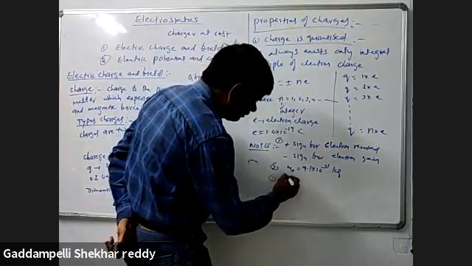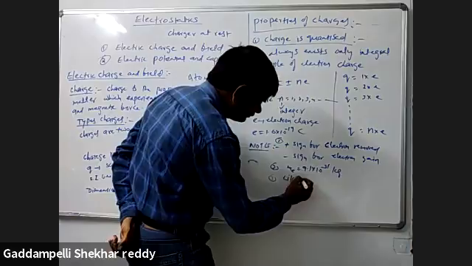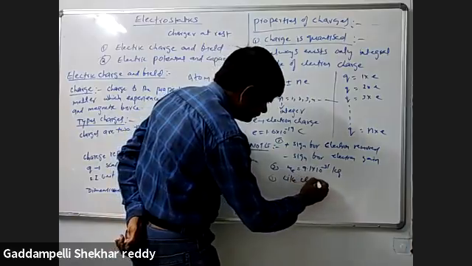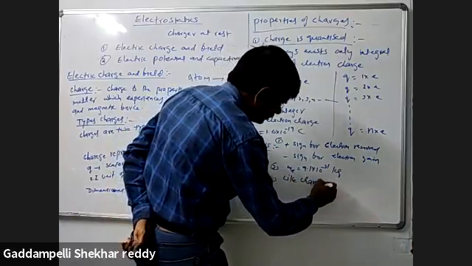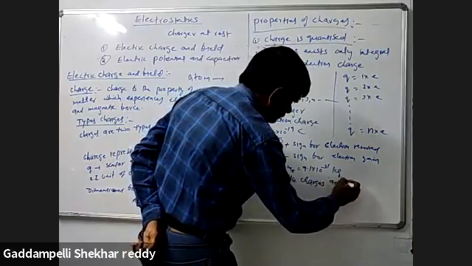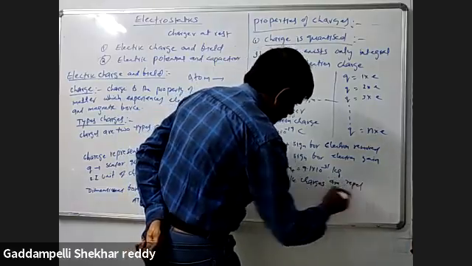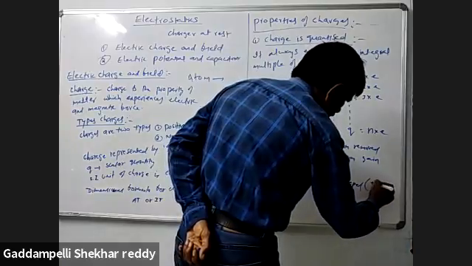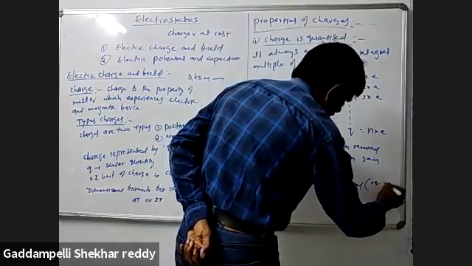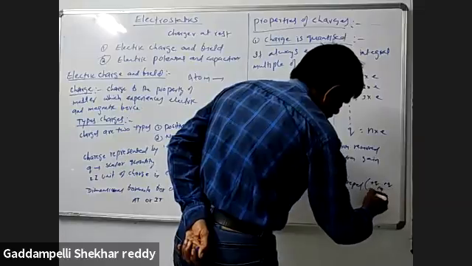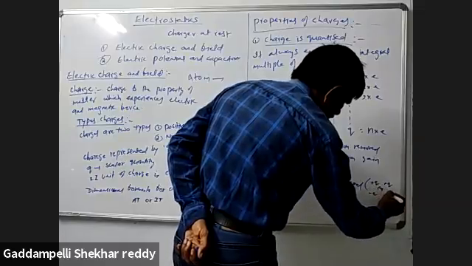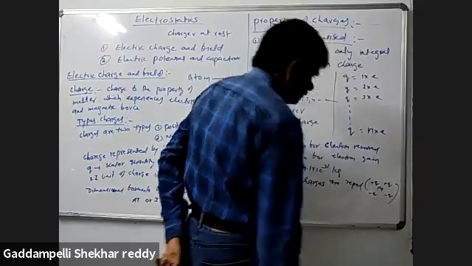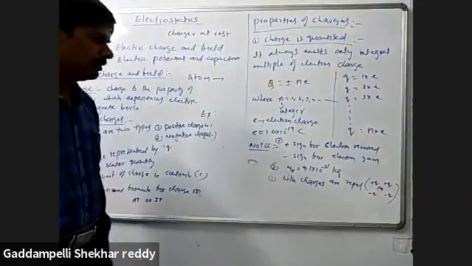Like charges are repelled. Like charges mean plus q with plus q, or minus q with minus q. These are repelled.